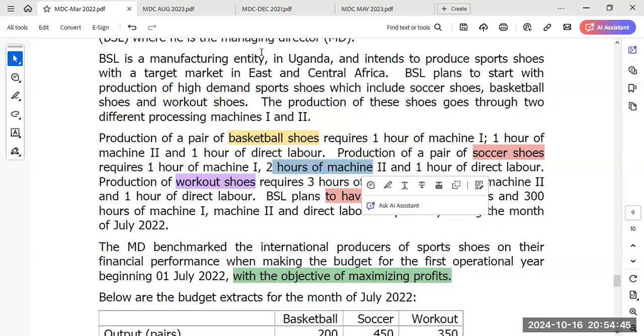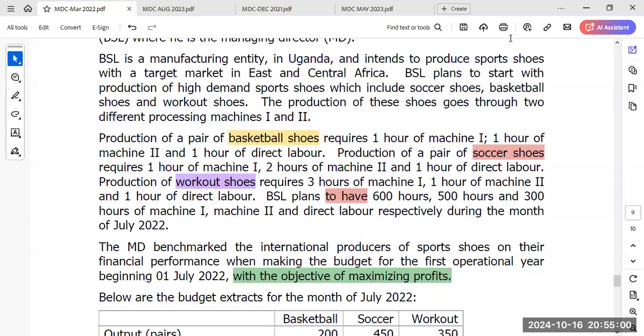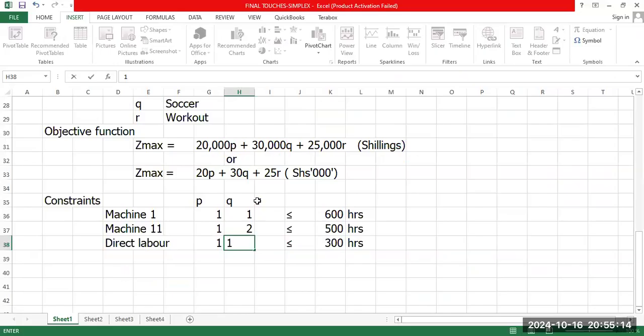So where there is machine 2, I put 2. Okay. Then next, direct labor. What are they telling us? We need how many hours? 1 hour of direct labor hour. So you are done with your soccer shoes.